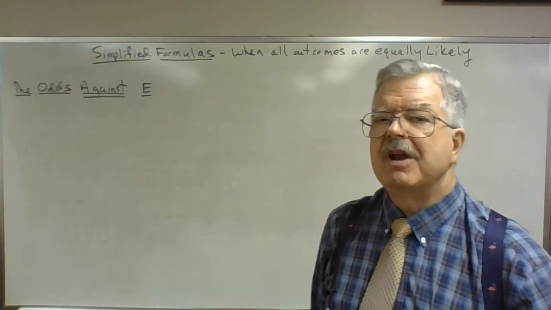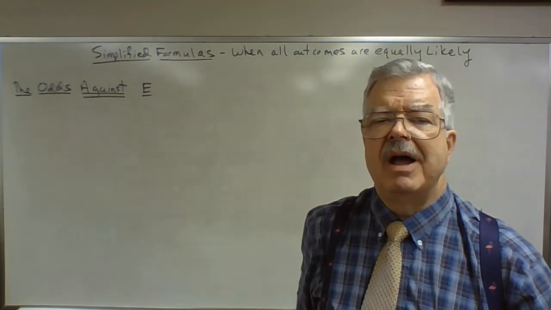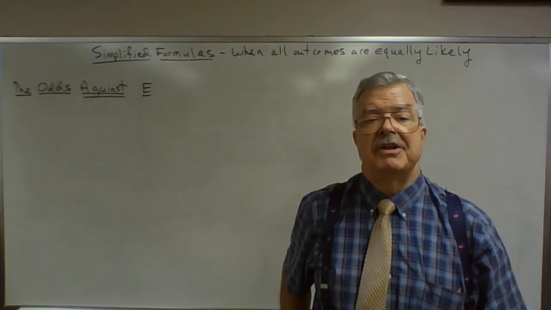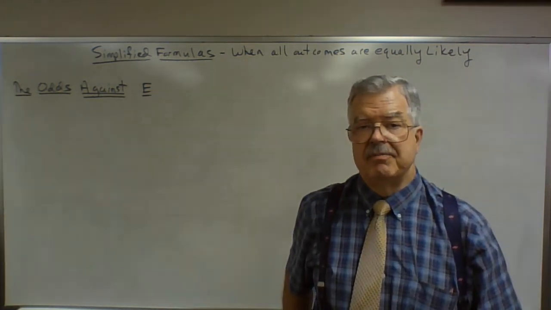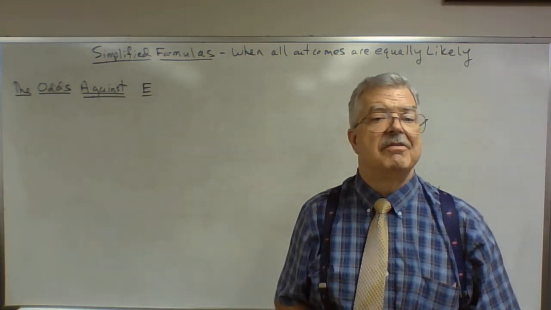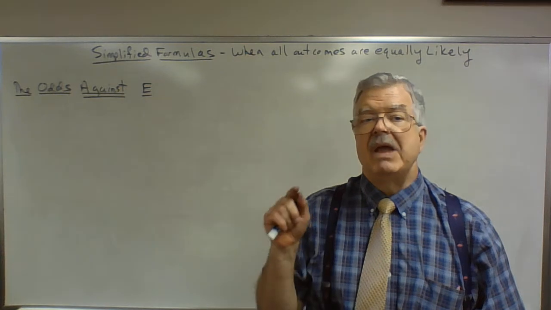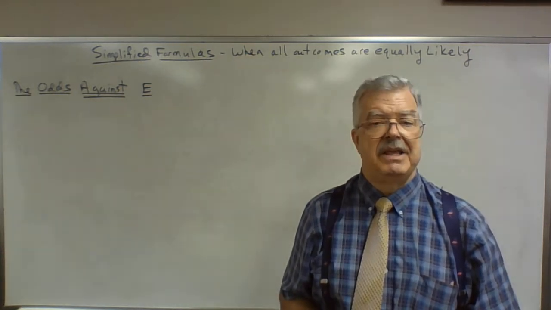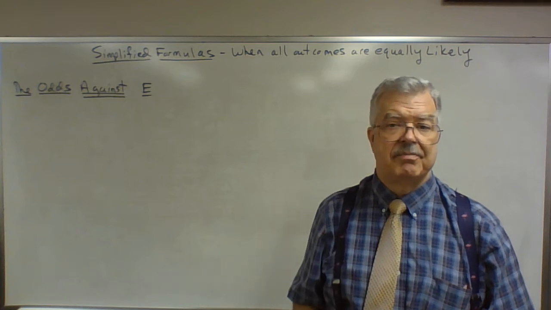The formulas that I'm about to show you only apply in situations where all outcomes of an experiment are equally likely, and we know how many of those outcomes result in the event E occurring, and we know how many of those outcomes result in the event E not occurring.